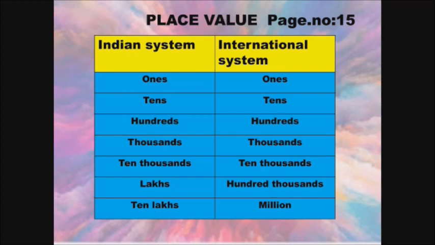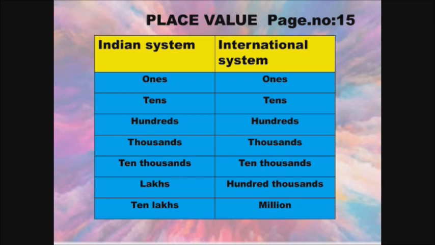So this is the order for Indian system. Let's see international system. Ones, tens, hundreds, thousands, 10,000s, 100,000s, million. And this is the order for international system.